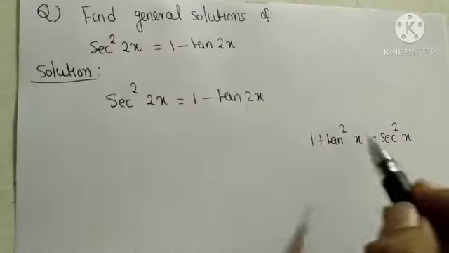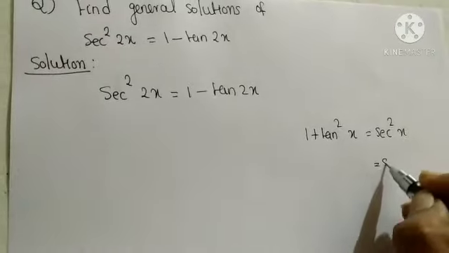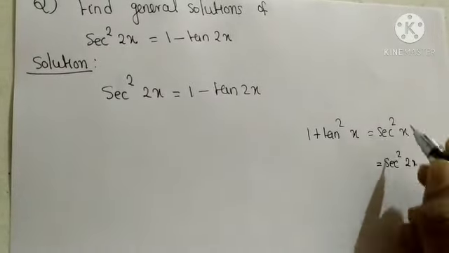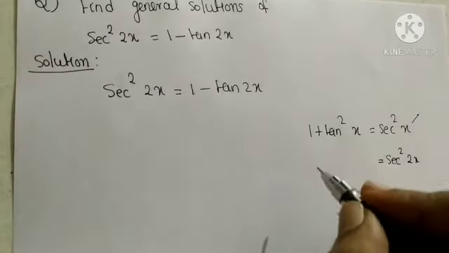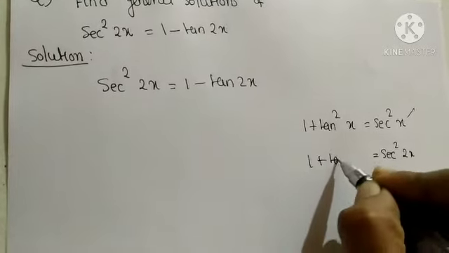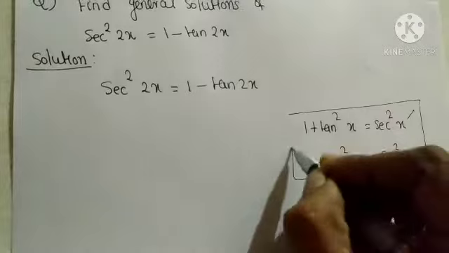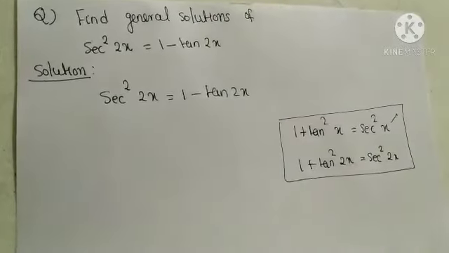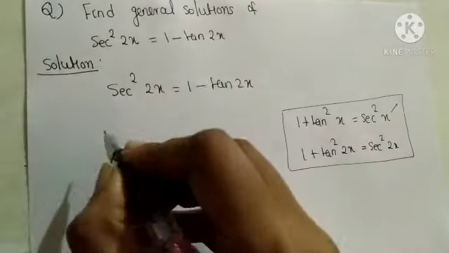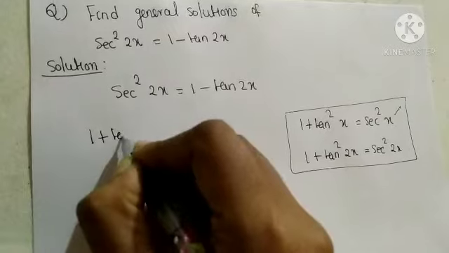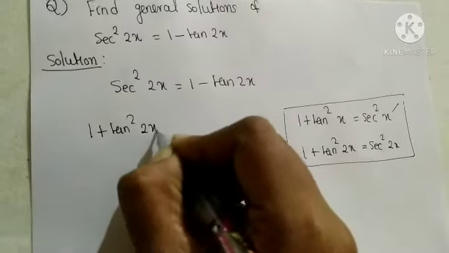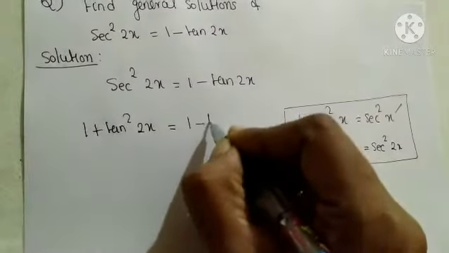So here the angle is 2x. By using this formula, sec square 2x is equivalent to 1 plus tan square 2x.